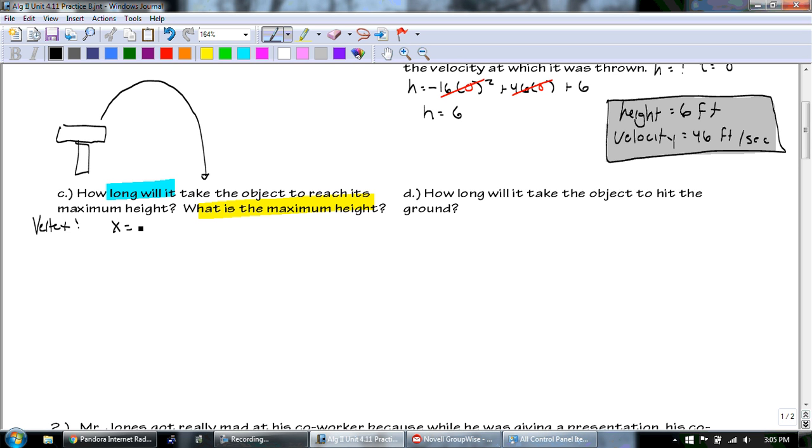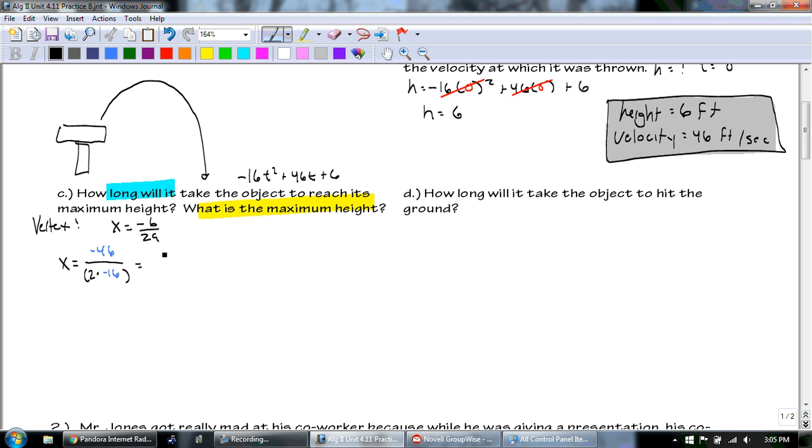So to do the vertex, we take the opposite of b over 2 times a. So using that original equation, the negative 16t squared plus 46t plus 6, okay, I take the opposite of b, so negative 46, and I'm going to divide that by 2 times a, negative 16.